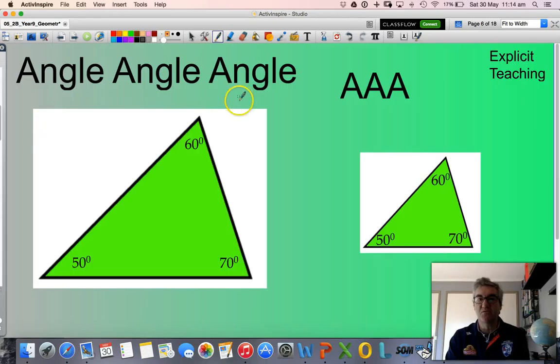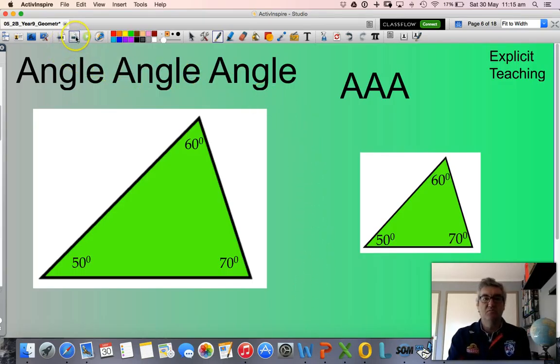In other words, the three angles are the same in both triangles, and that can be shortened to the AAA. So you'll see here 50, 60, 70, 50, 60, 70. I don't need any side lengths. As long as those three angles are provided, then those two triangles will always be considered as being similar.